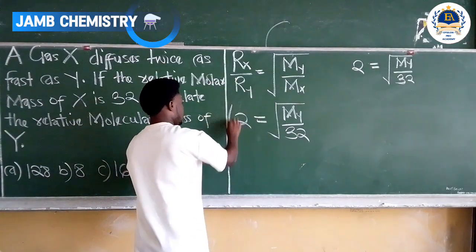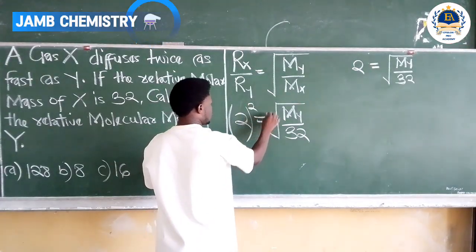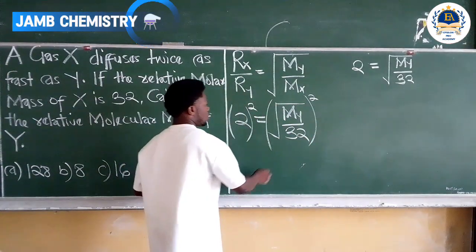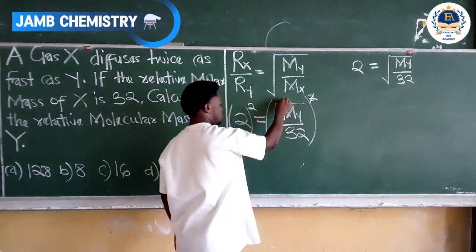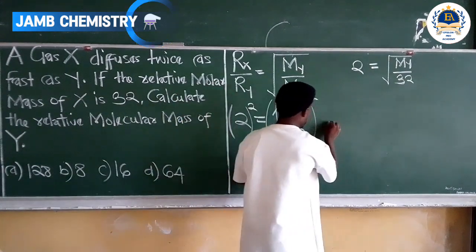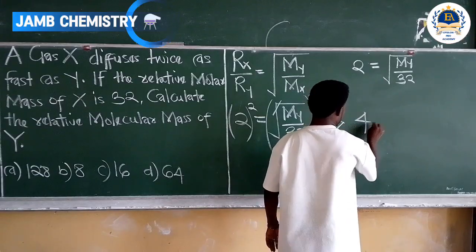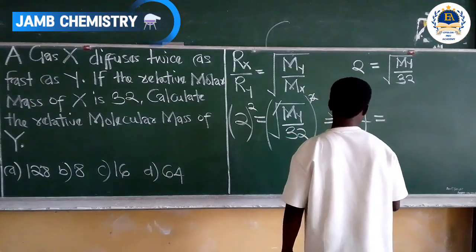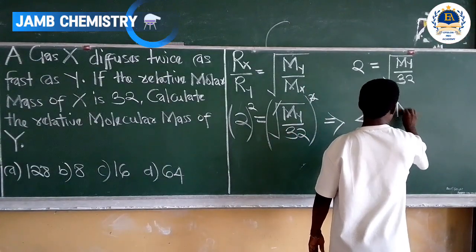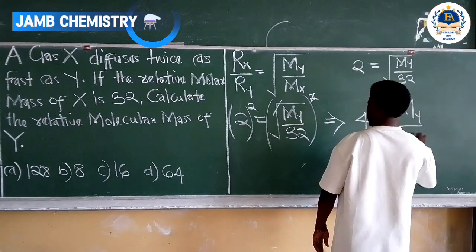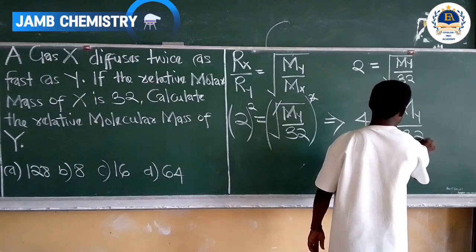Taking the square root of both sides, we have 2 raised to the power of 2, and the power of 2 cancels the square root. 2 raised to the power of 2 is 4, and 4 is equal to My over 32.